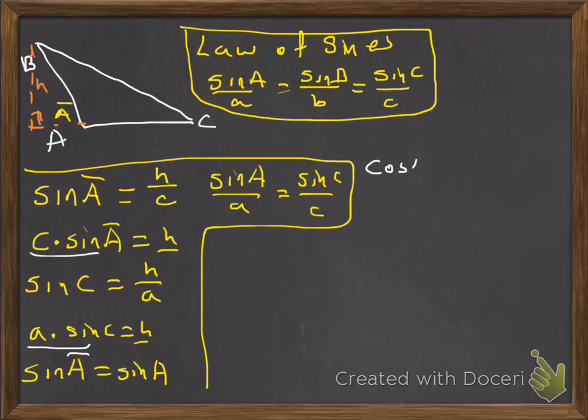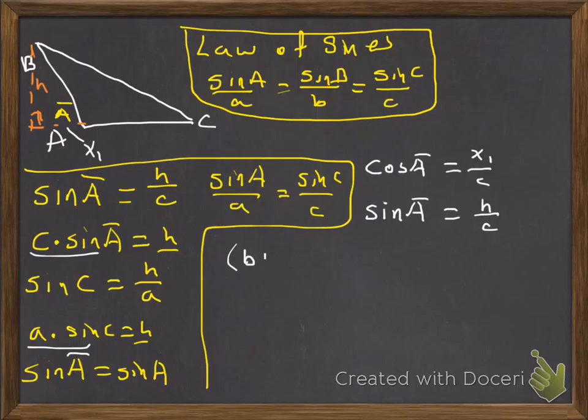So the cosine of A bar, and we're going to call that little orange segment there x1, is x1 over the hypotenuse, which is C, and the sine of A bar is going to be equal to h over C. Now B plus x1 is this whole side here, that's a leg, then h is a leg, and that's going to be equal to the hypotenuse squared. So we're just applying the Pythagorean Theorem.